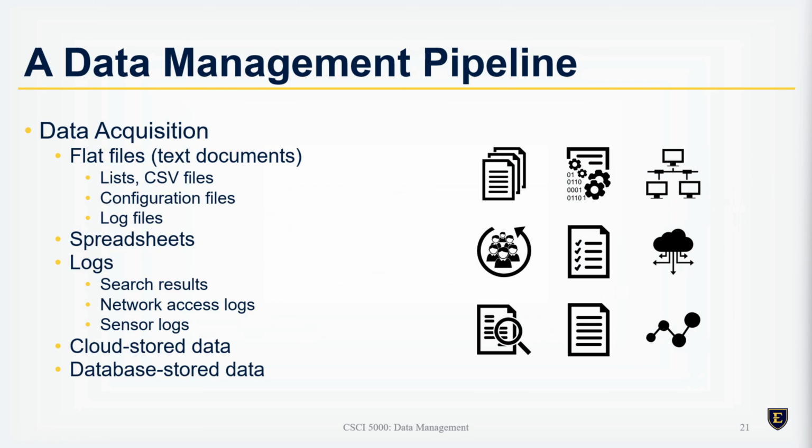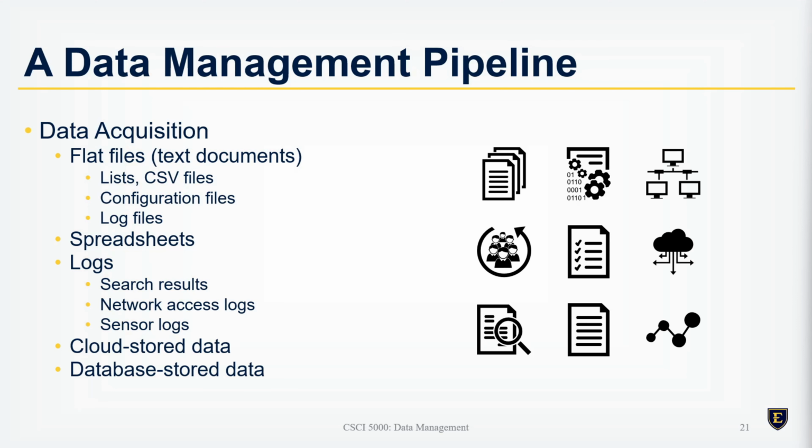So data acquisition is where we go and get data from many different sources. Flat files or text documents, like we will talk about with Excel. Flat files are like lists and CSV files, or just simple tab separated or pipe separated files. Configuration files, log files, and so forth.